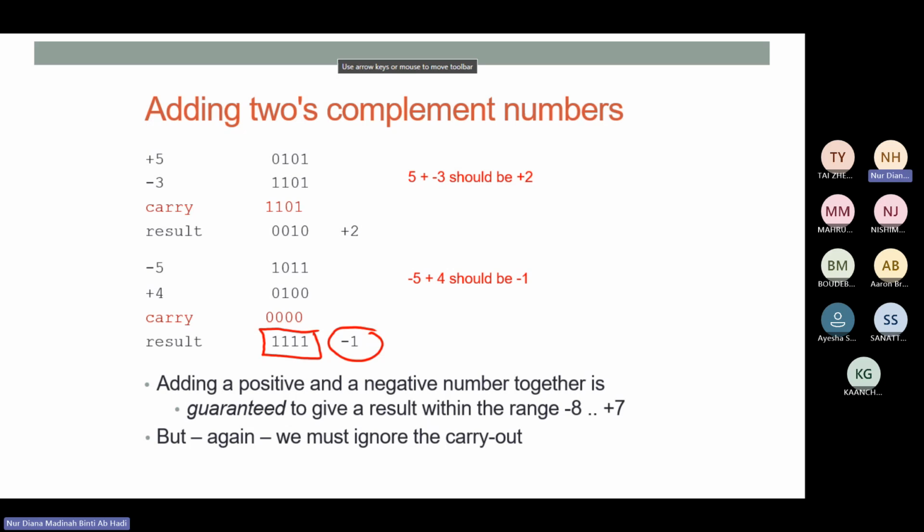Your decimal value is negative 1, but your result in binary is 1 1 1 1. Why? Because the clock told me. The clock told you. What if you didn't have the clock?